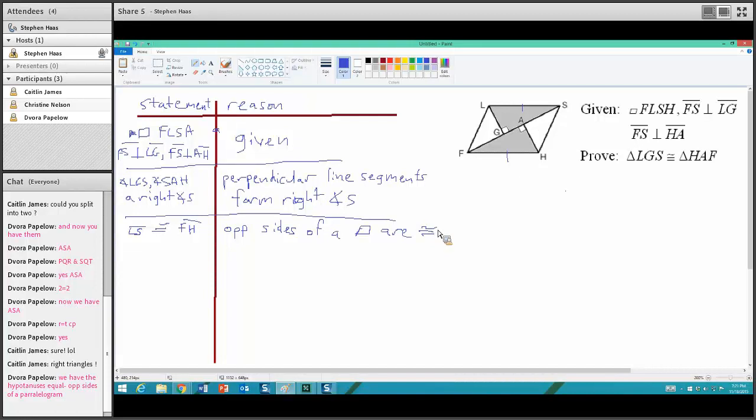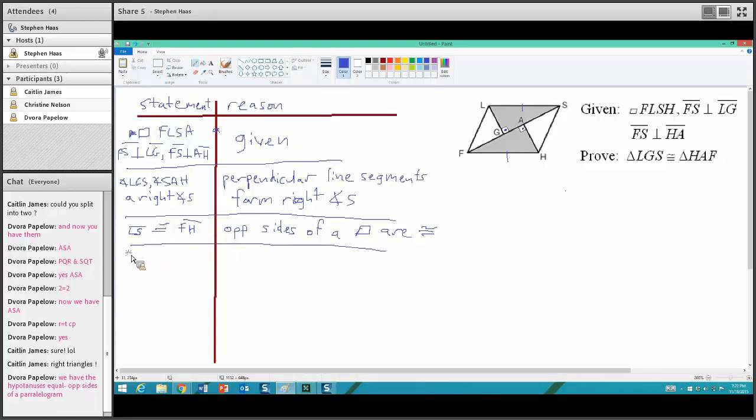Okay, now we've got an angle of each triangle, because this angle and this angle are both right angles, and right angles are equal to each other. So let's write that actually. We don't have that quite yet, so we have to write that.